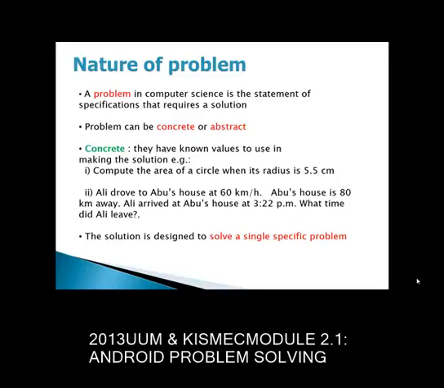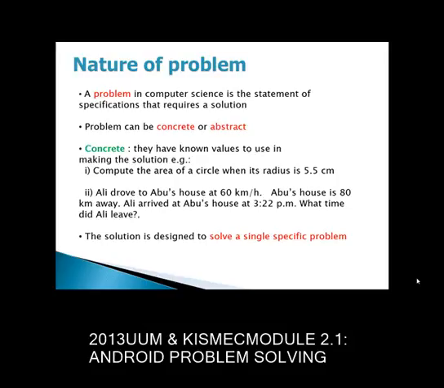It is basically a known value, so it is easy to identify. When the value is given, you just calculate or compute, for example, the area of a circle when the radius is 5.5. So it is a very concrete problem.